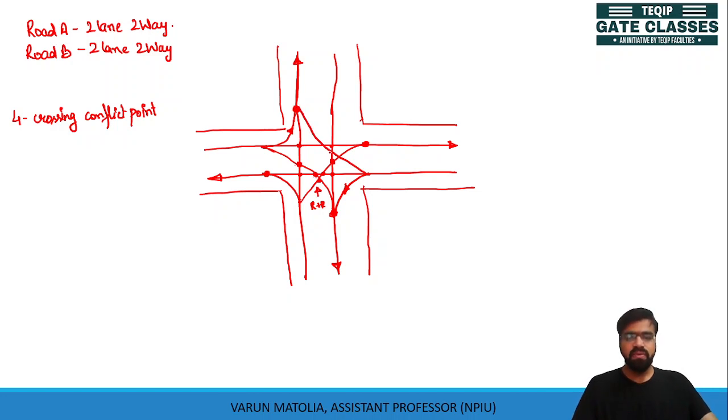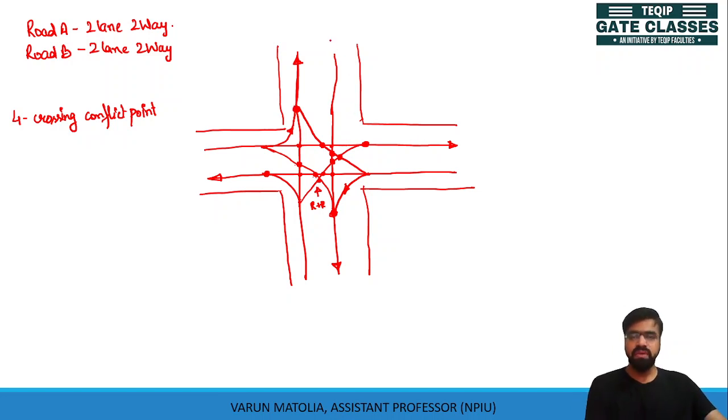So we have 1 and 2 conflict points for through traffic meeting with right turning traffic, and another single conflict point where 2 right turning traffic streams are meeting: 2 right turning, one from this direction, another from this direction.